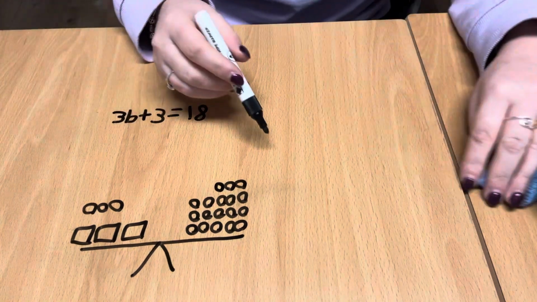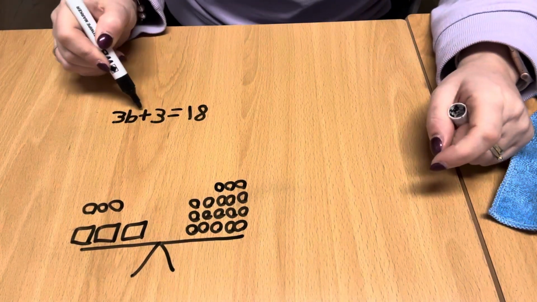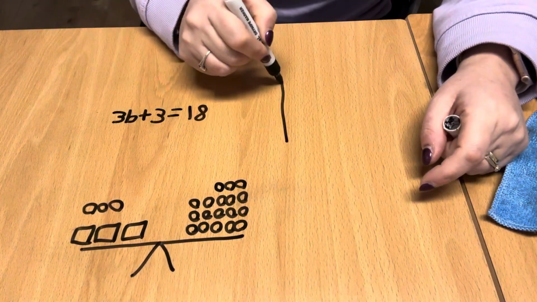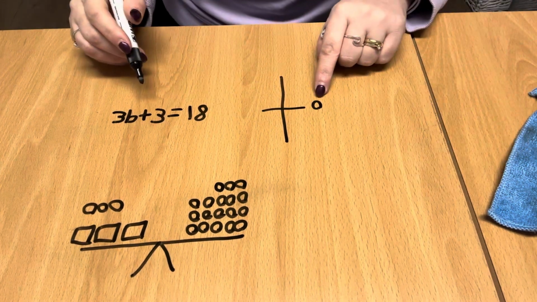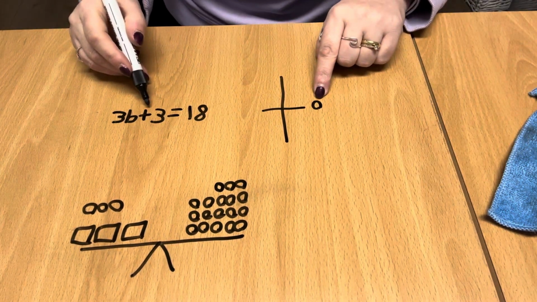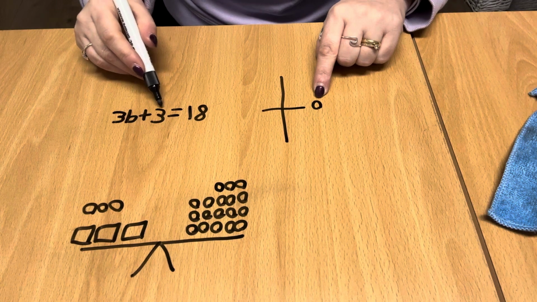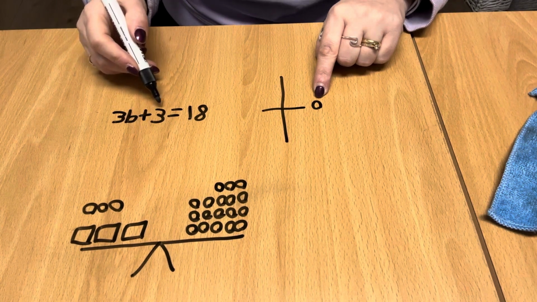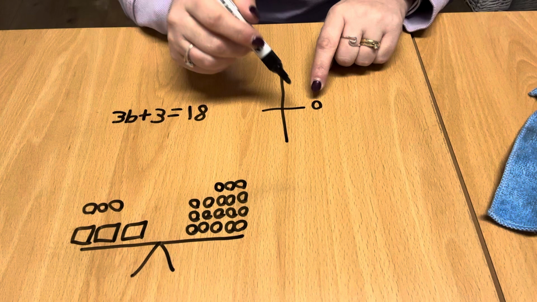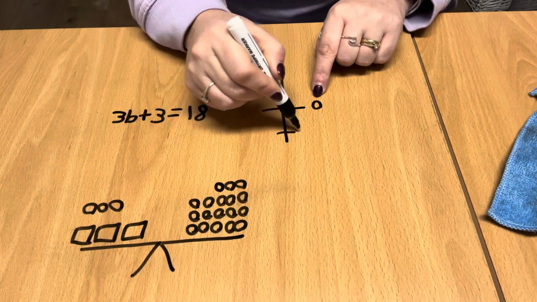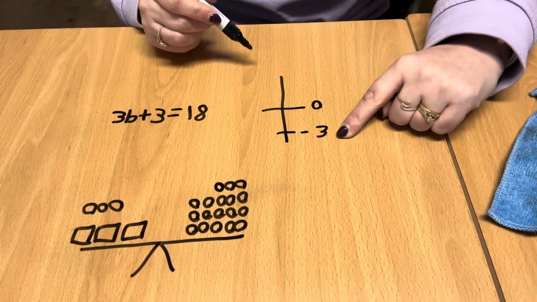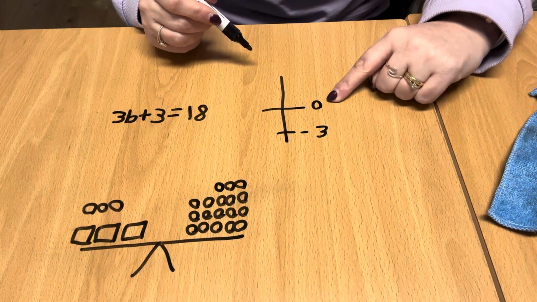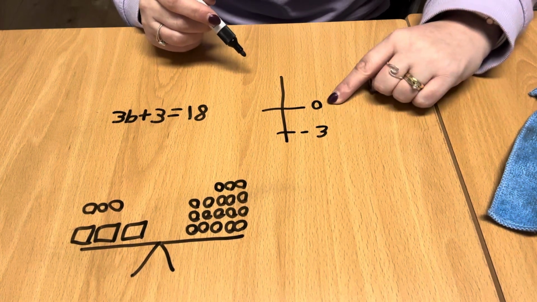Now, you need to decide what to do with the +3. The reason we're trying to make 0 is because if you make this number 0, there's actually nothing there, so you've got rid of it. We're always trying to make 0. If you imagine a lift, if I go down 3 floors, to get back up to ground 0, I have to add 3.